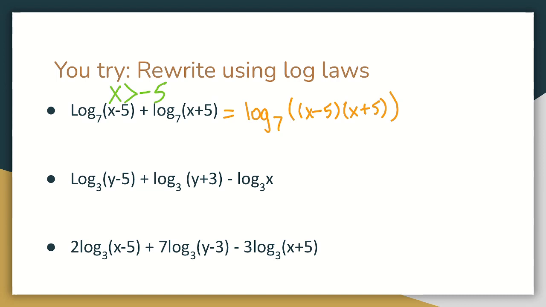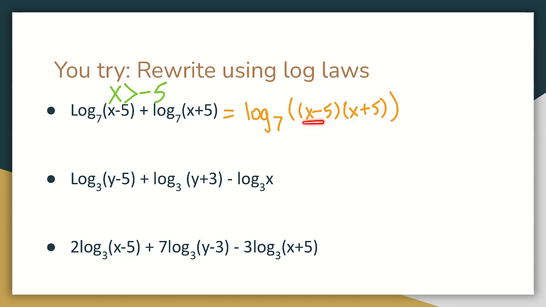And in that case, when will the argument be greater than 0? Well, it looks to me like it's the same situation. If x is less than -5, then this will be negative, and when we multiply them, it'll be negative.